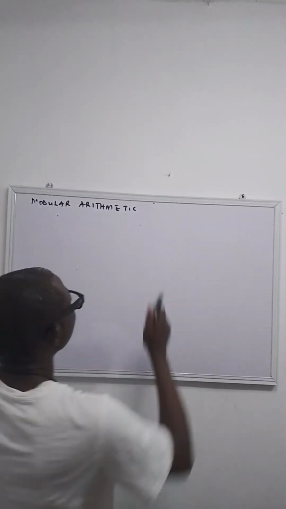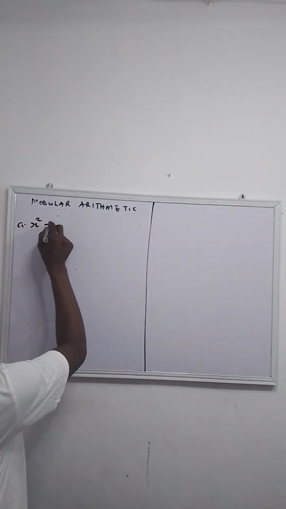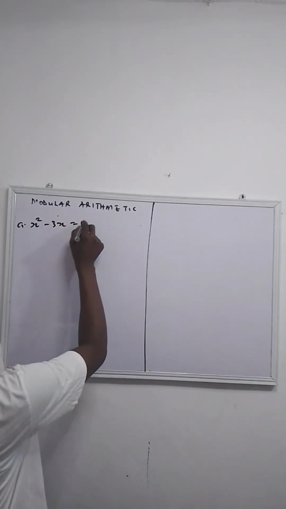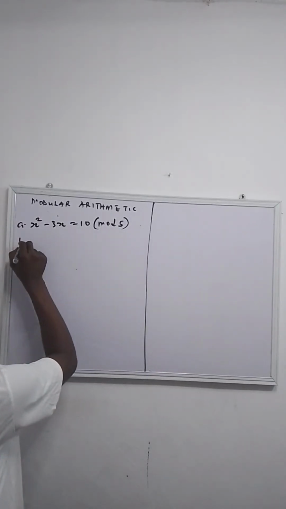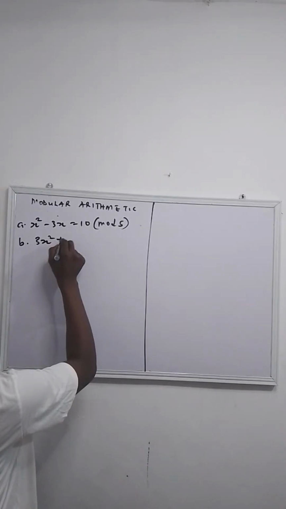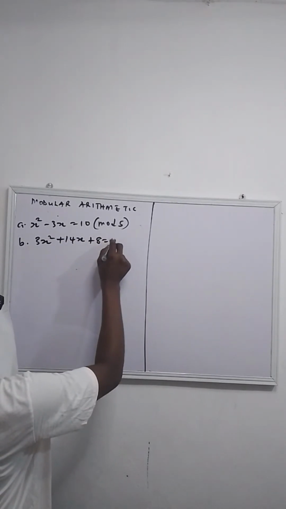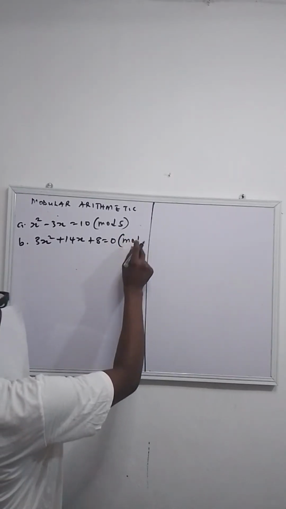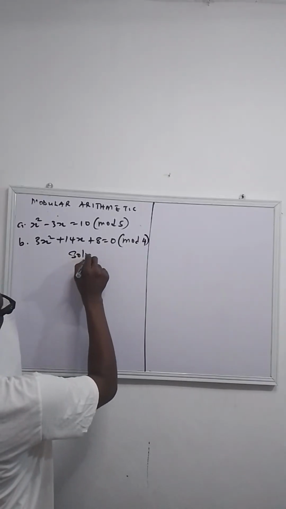So a: x squared minus 3x equals 10 mod 5. b: 3x squared plus 14x plus 8 equals 0 mod 4. Solution.